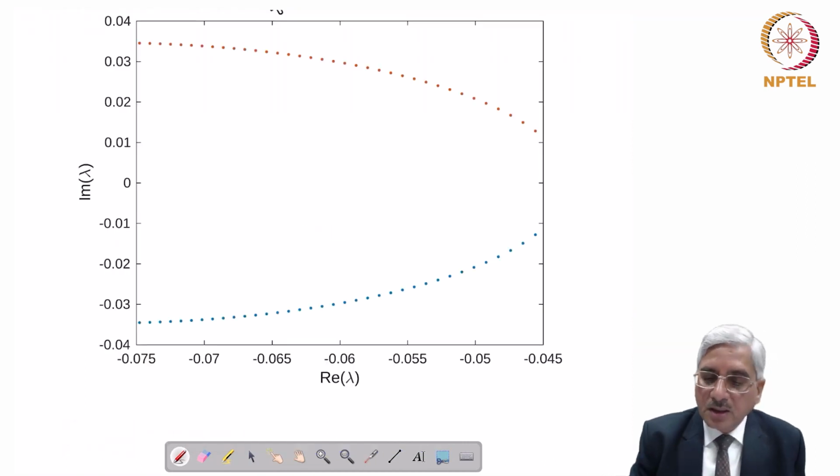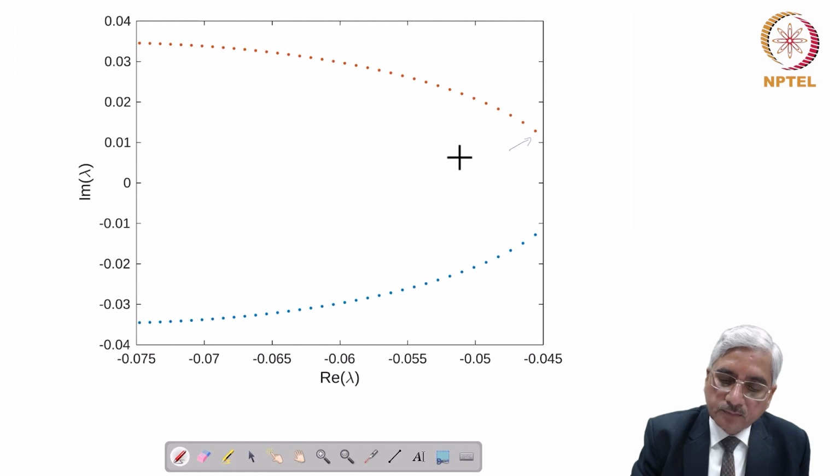So here this one is -0.0456 plus 0.0128, that is the imaginary part. This is for G1 equal to 7.5.